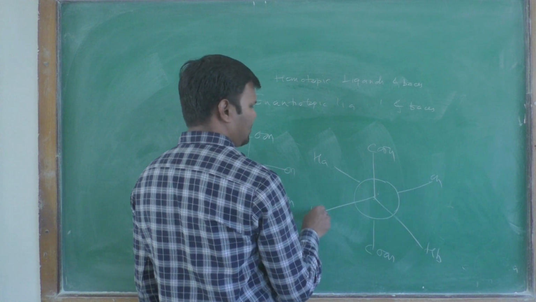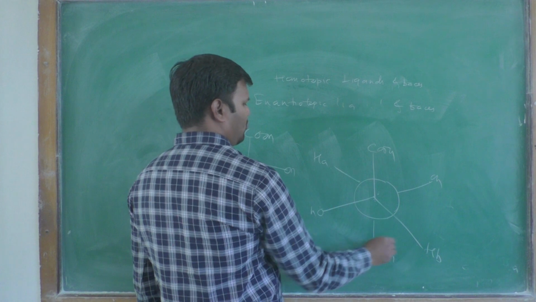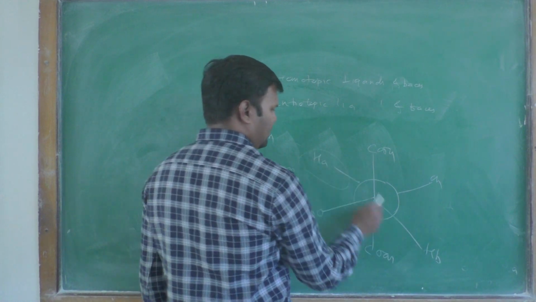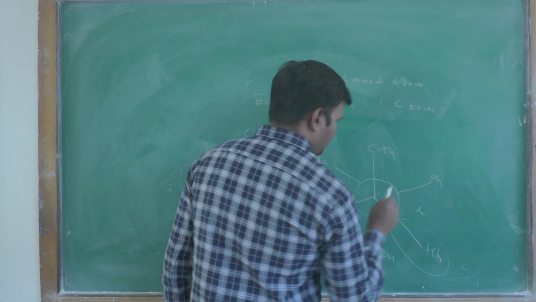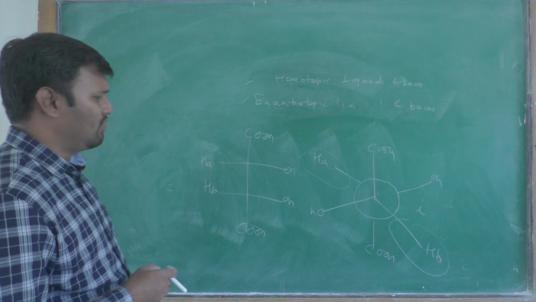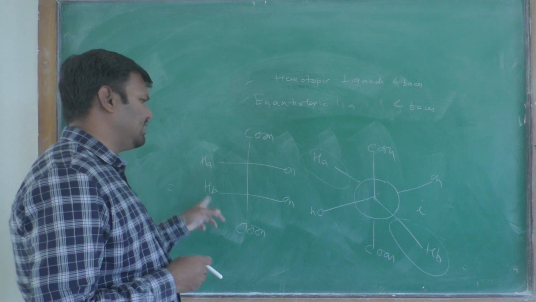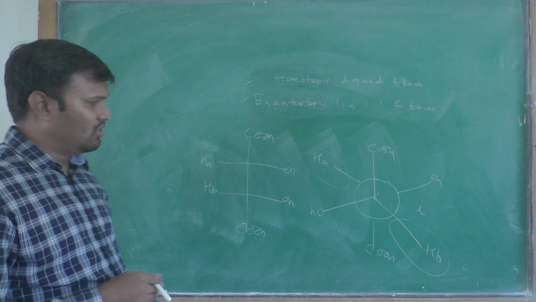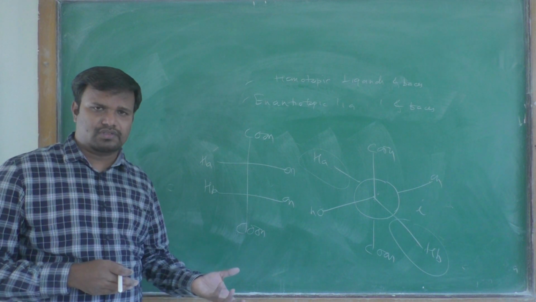The same group is obtained. Therefore, HA and HB are related by the center of inversion, and are considered enantiotopic groups.